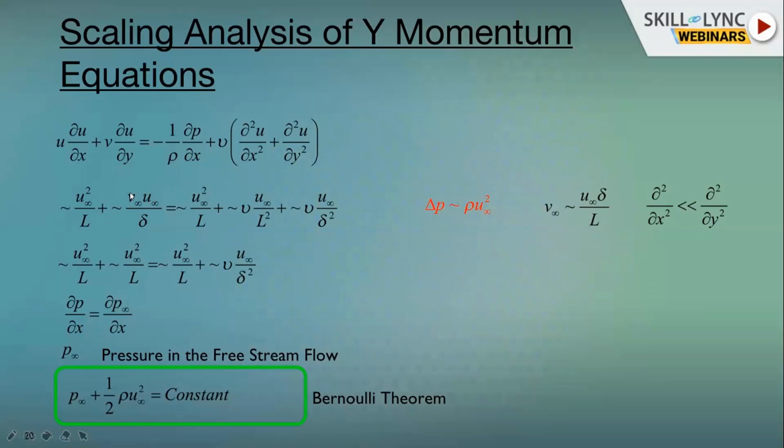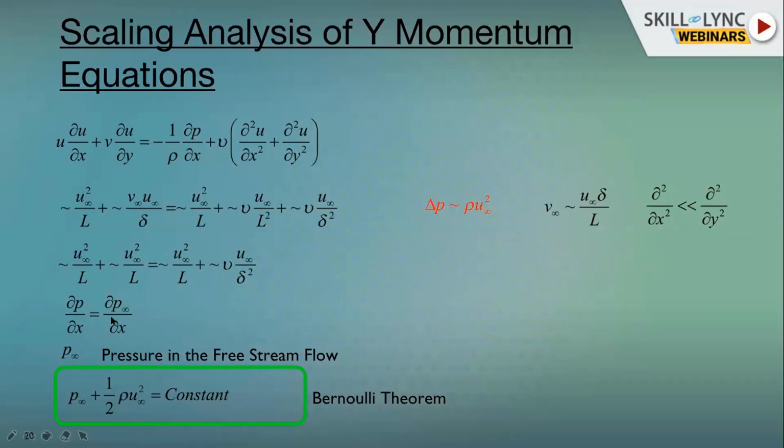If you do this substitution, and we have a functional form of V in terms of U, delta and L, and substitute all those things, and the pressure, we already found delta P is nothing but rho U squared. After putting all those things, you will find delta P by delta X is nothing but del P by del X.